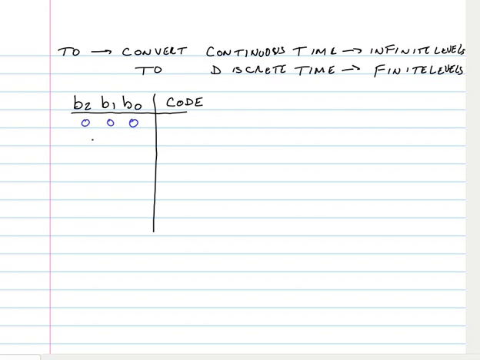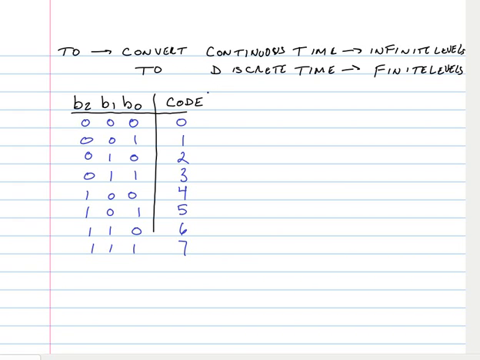They are the following: 000, 001, 010, 011, 100, 101, 110, and 111. This corresponds to code 0, 1, 2, 3, 4, 5, 6, or 7.